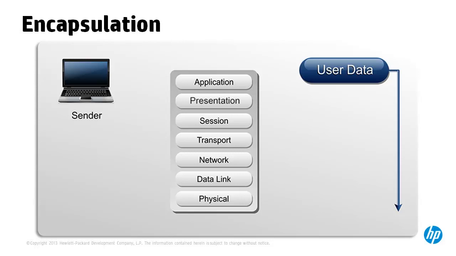So when the sender wants to transmit data, let's say in this example your PC is opening up a connection to hp.com and we're sending some information. That information has to go through the OSI model from layer 7 all the way to layer 1 to then be transmitted across the physical media. So in this case, user data is transmitted.